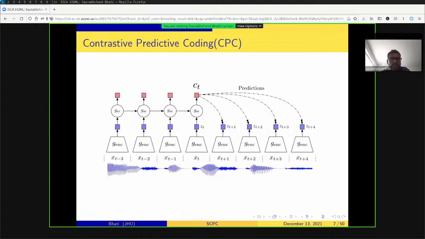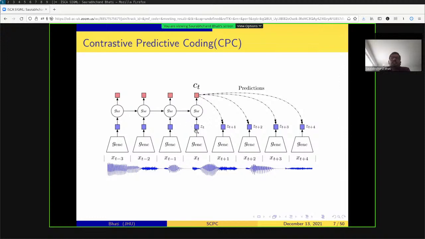You start from a raw waveform, and the raw waveform is fed into a convolutional encoder, which typically downsamples speech by a factor of 160, same as the MFCC features, to extract these frame-level features, z_t. These are extracted every 10 milliseconds typically.